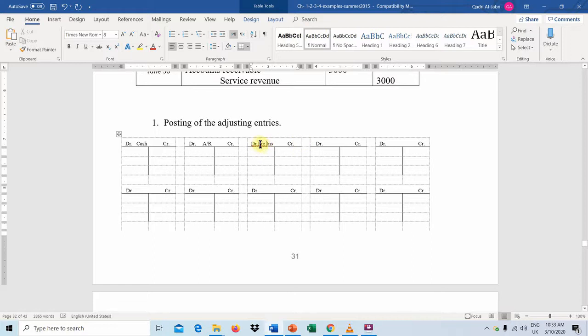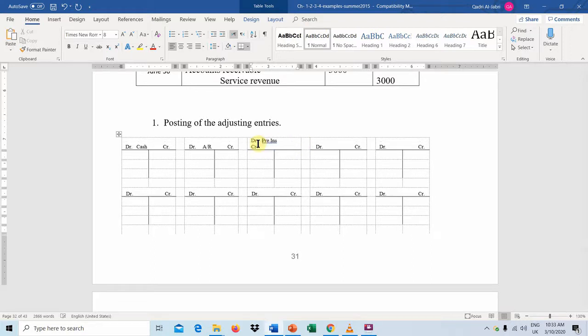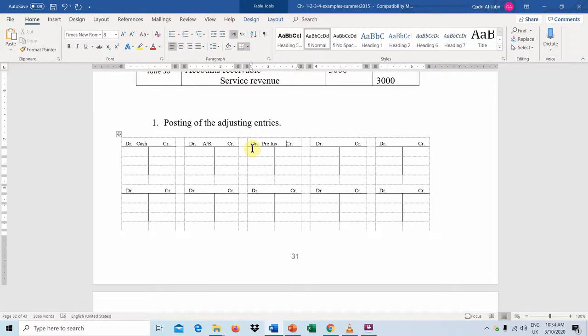So this is prepaid insurance. Let's start with the next one called supplies. The next one called equipment.